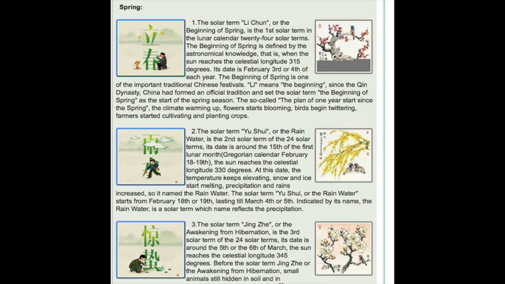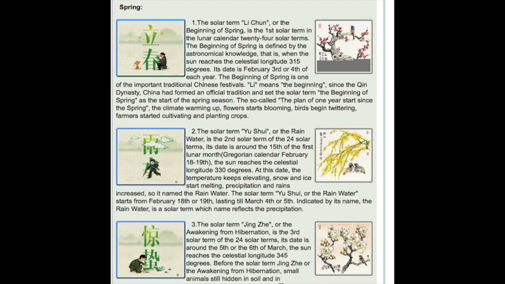Now let's take a look at the information of the 24 solar terms. The first one is Li Chun, which is beginning of spring, and at the bottom of the paragraph, the so-called plan of 1 year starts since the spring. The climate warms up, flowers start blooming, birds begin twittering, farmers start cultivating and planting crops.